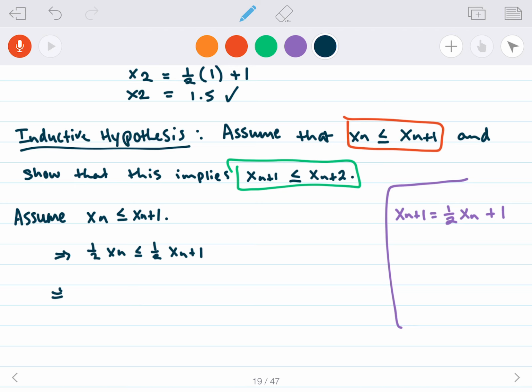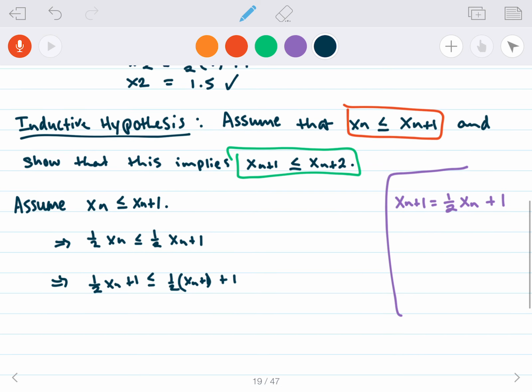And so if I add 1 to both sides, I get a half x sub n plus 1 is less than or equal to a half x sub n plus 1 plus 1. And so by our rule up here, this is just x sub n plus 1, right? This guy right here.